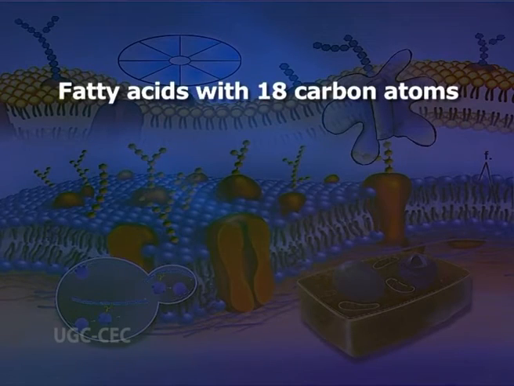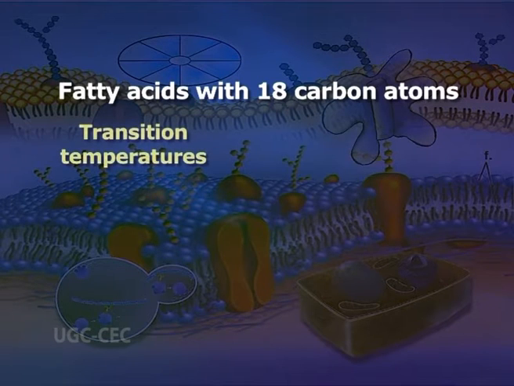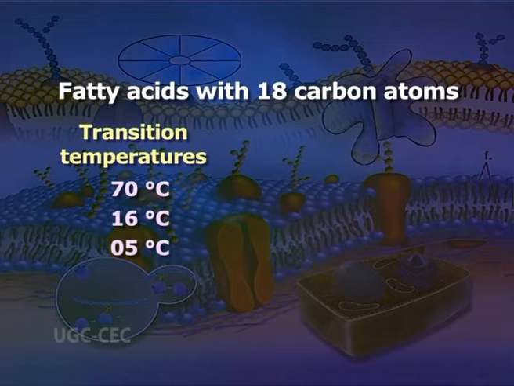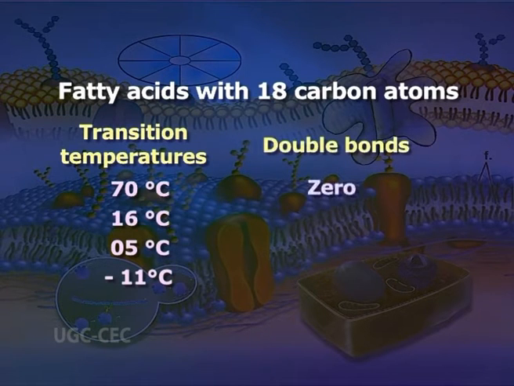Sites of unsaturation affect melting temperature even more markedly. For fatty acids with 18 carbon atoms, the transition temperatures are 70, 16, 5 and minus 11 degrees Celsius for 0, 1, 2 and 3 double bonds respectively.